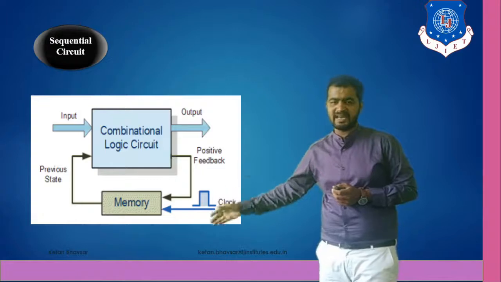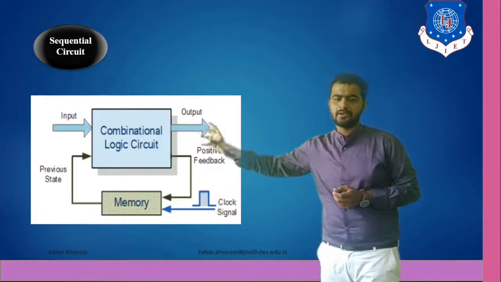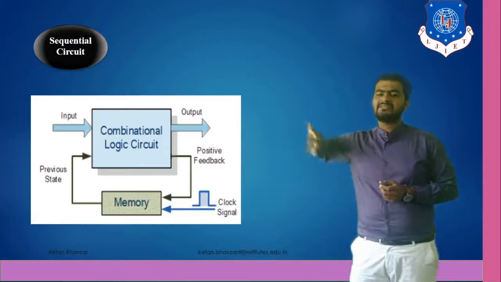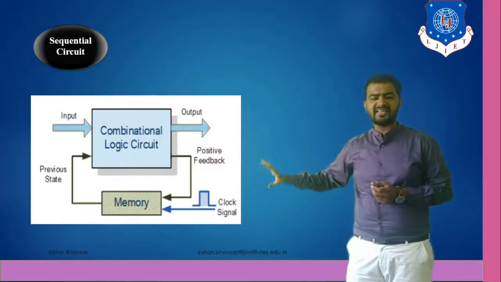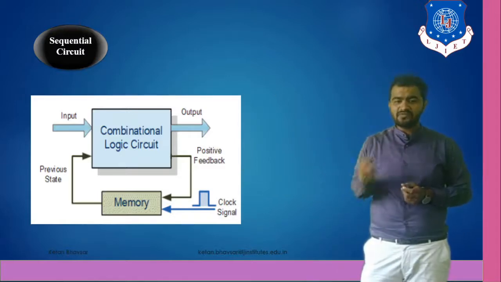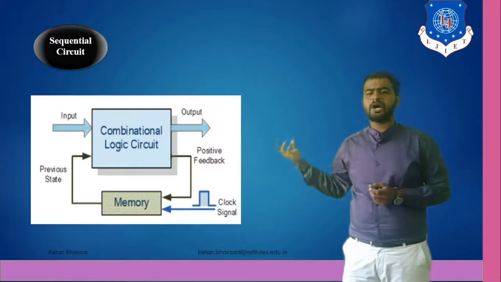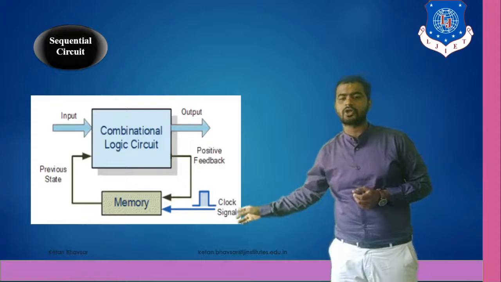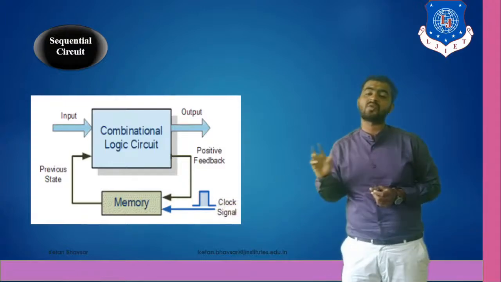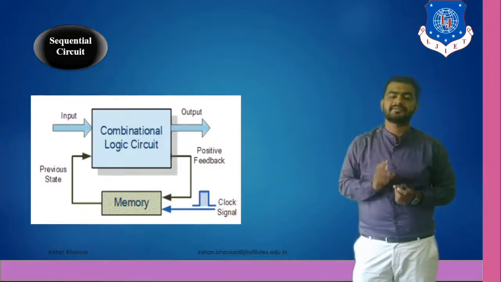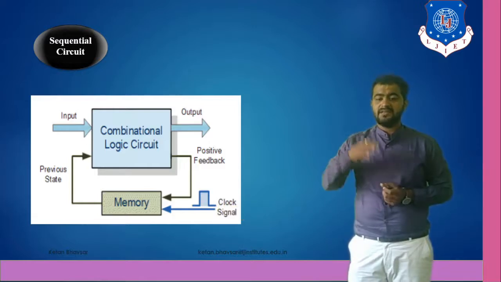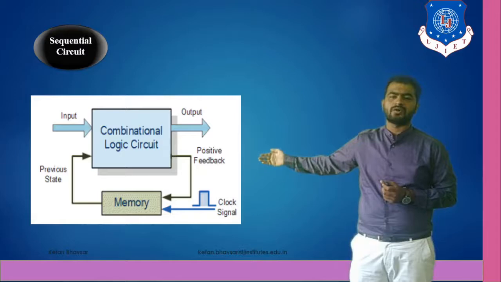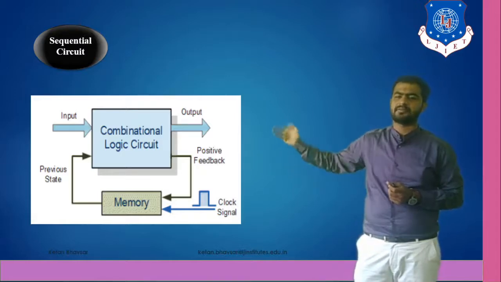So as you can see, you apply some mechanism on the combinational circuit and generate the output. So we can say it is a sequential circuit in which the output is dependent on the input as well as on the clock pulses and memory element too. So it's called a sequential circuit. If you work on the combinational part, then forget the bottom layer and only focus on the combinational part.